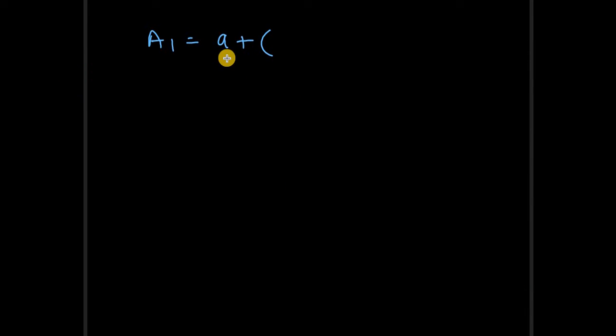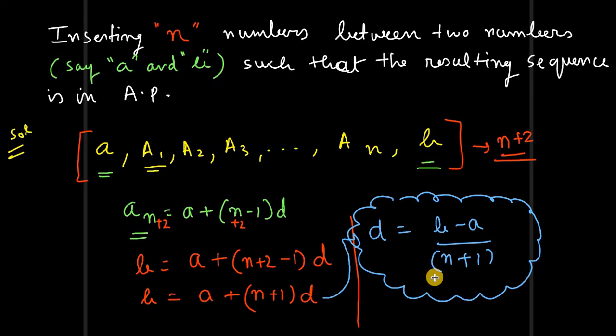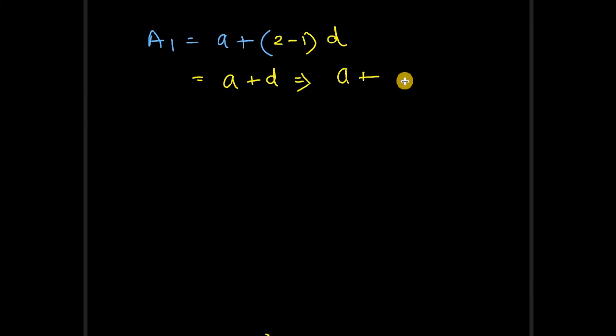So we'll write A plus 2 minus 1 into D, and as we know that 2 minus 1 will be 1, further we can write A plus, we got D as B minus A by n plus 1.